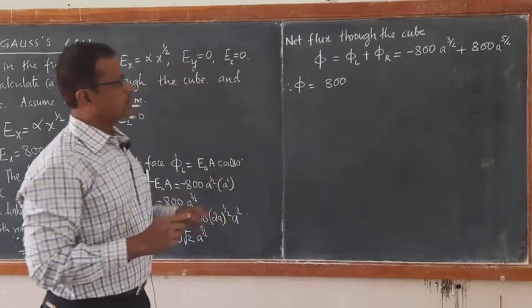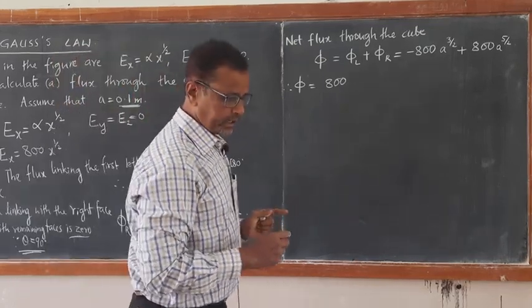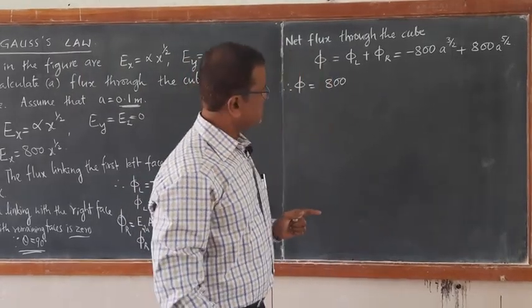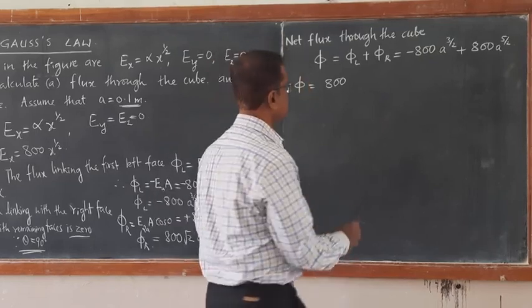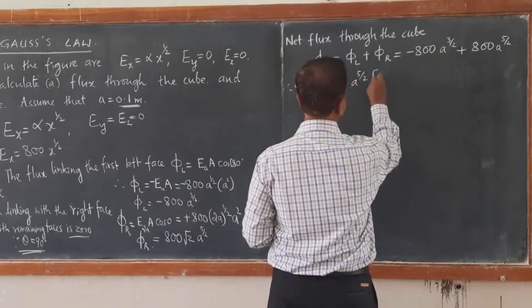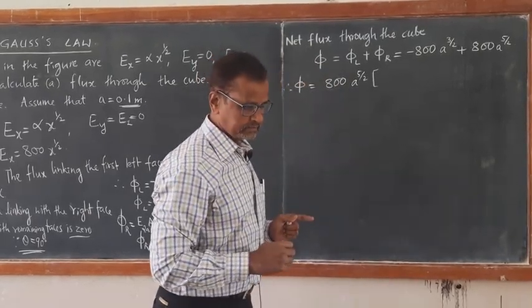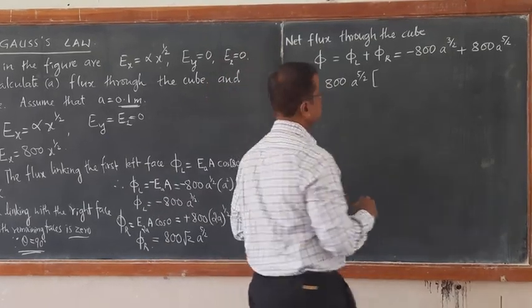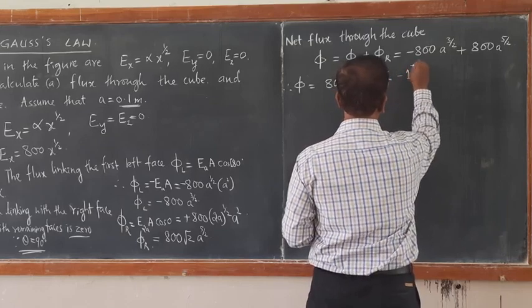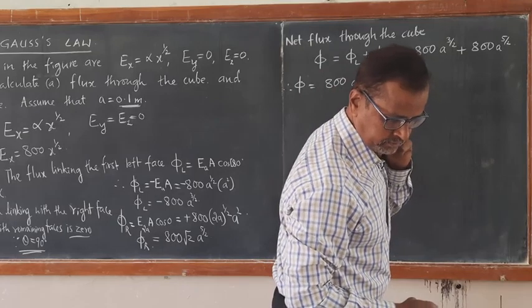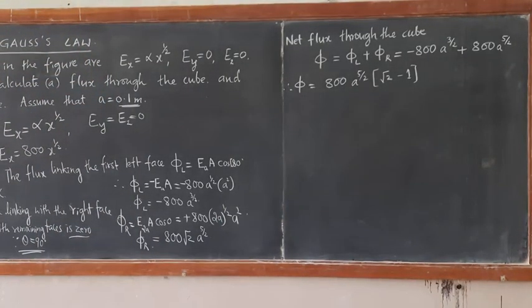So we can write it as 800 A raised to 5 by 2, and you are left with root 2 minus 1.